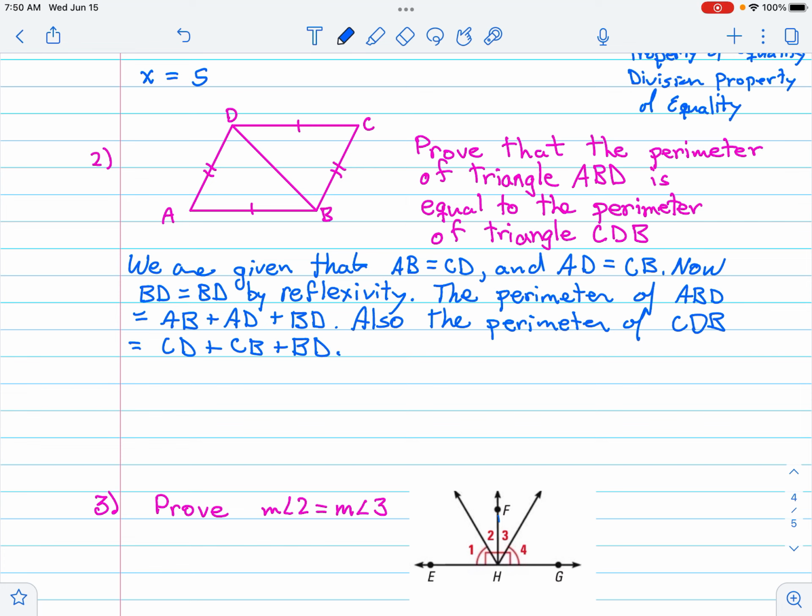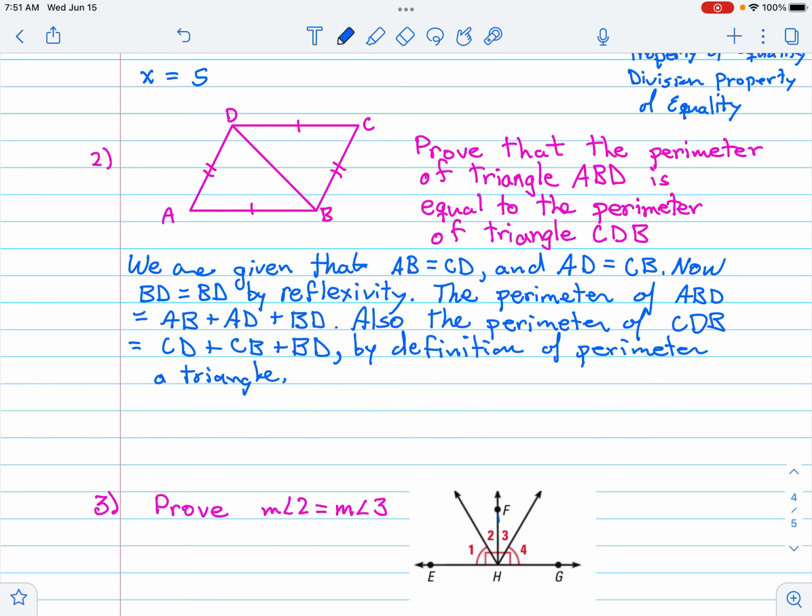And this is by definition of the perimeter of a triangle. Now, this is what we wanted to show here.